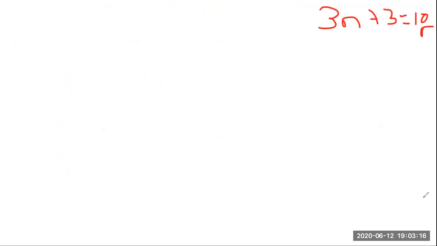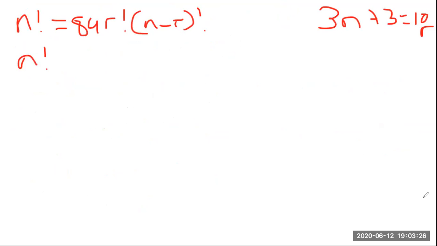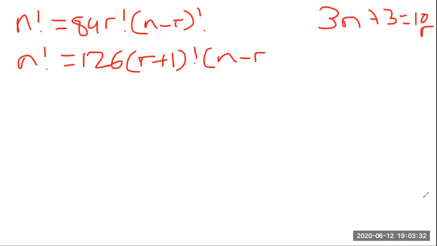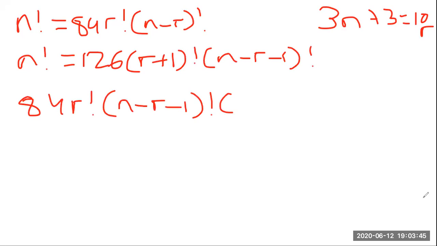Now, if you work with the second and third equations, so you have 84 r factorial times n minus r factorial, and the second one, so again, same thing. I'm just going to equate them and try to find common factors. We know that n minus r factorial is the same as n minus r minus 1 factorial times n minus r. And we know that r plus 1 factorial is r factorial times r plus 1.